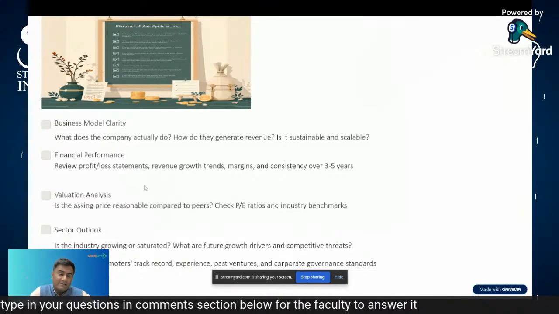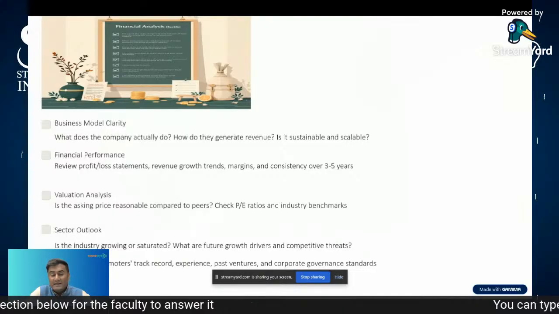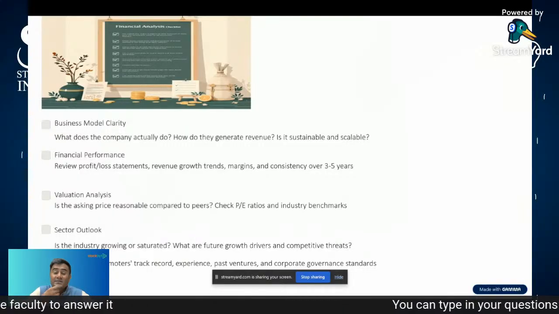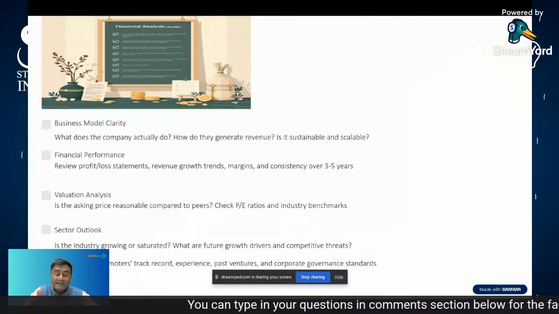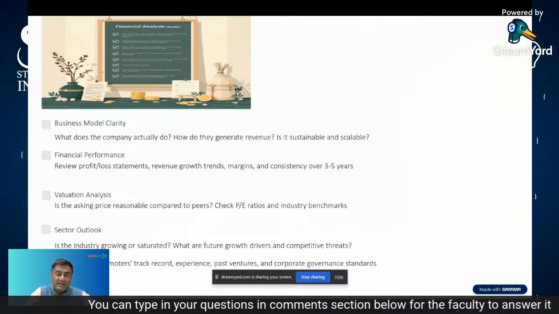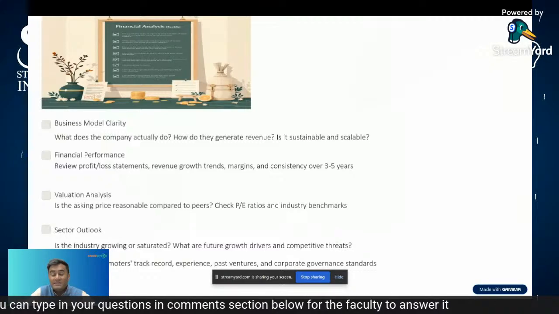Valuation analysis. This is where we are asking ourselves, is the price reasonable? What are its peers? By peers, we mean its rivals or players from the same industry. How are they performing?